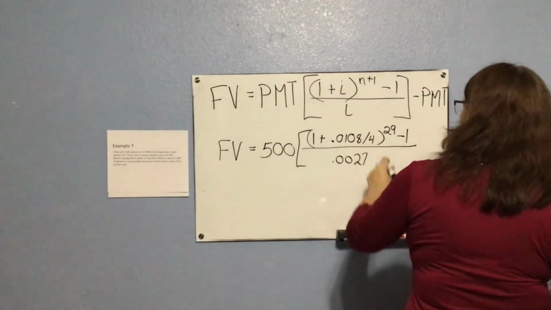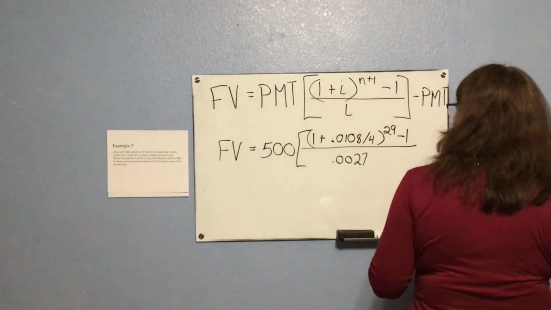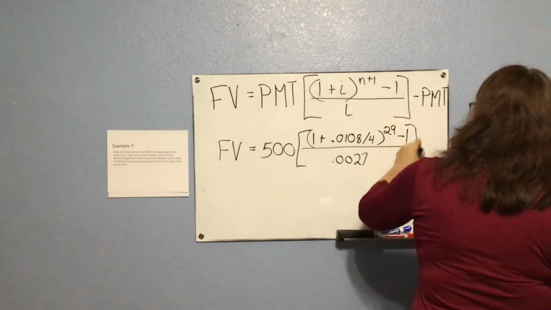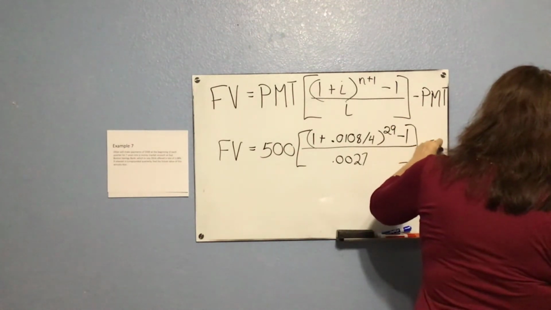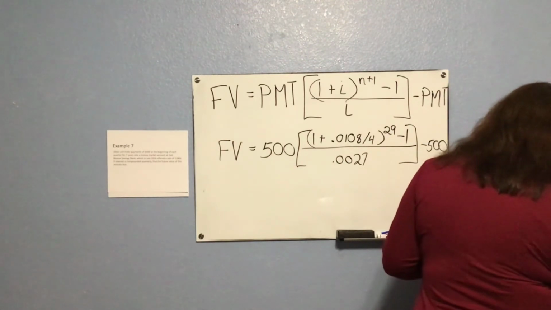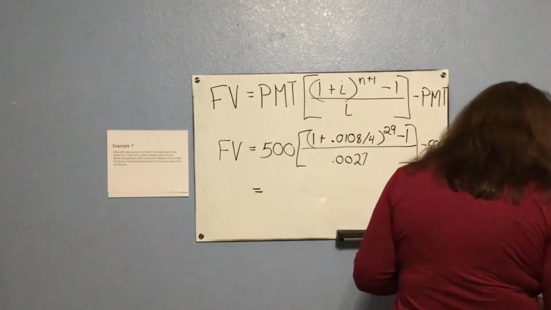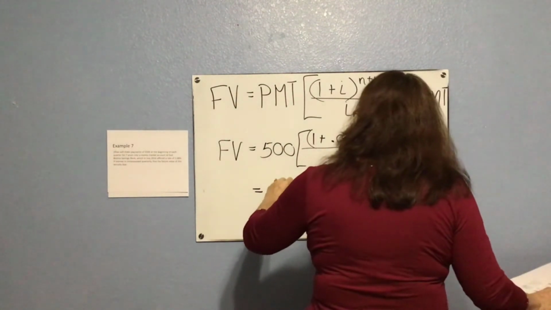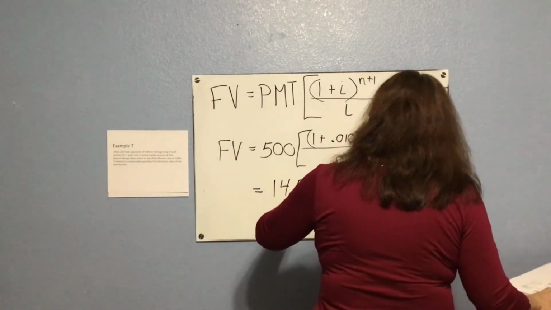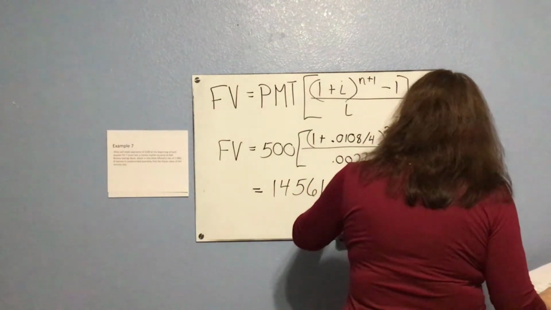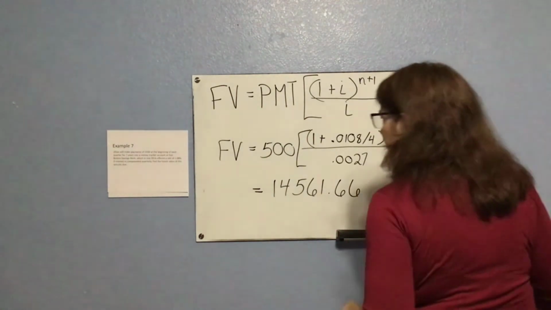That's this amount, the 0.0108 divided by 4. And all that minus 500 is equal to $14,561.66.